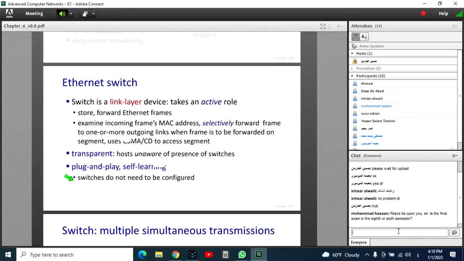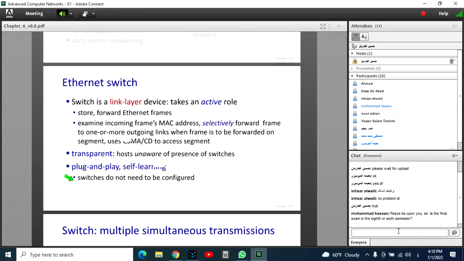They will forward your data, and they are plug and play. You just need to plug them into the network and it works. How can they find the destination?